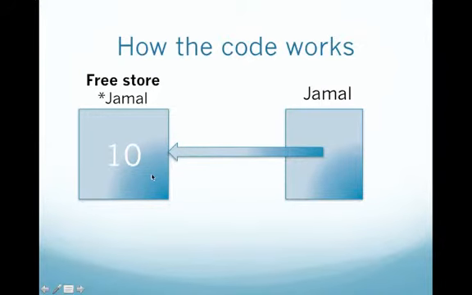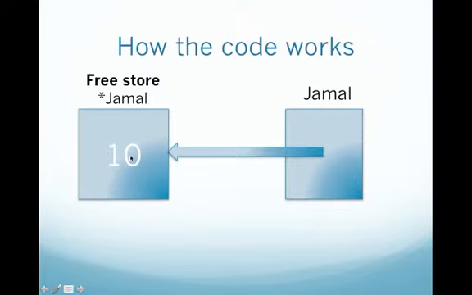Here's how the code works. First, we initialize a pointer Jamal. This pointer points to nothing initially. Then we dynamically allocate a new integer, and we assign its address to the pointer Jamal. So this Jamal pointer now points to the address of the new integer.